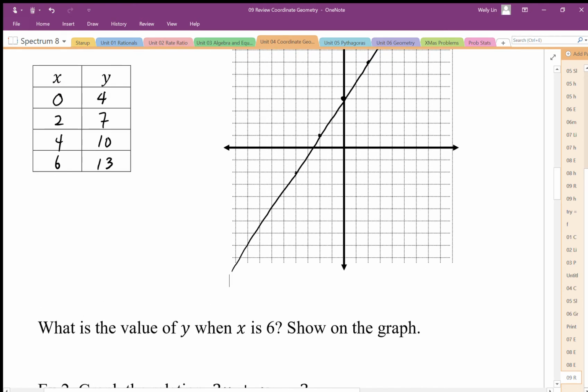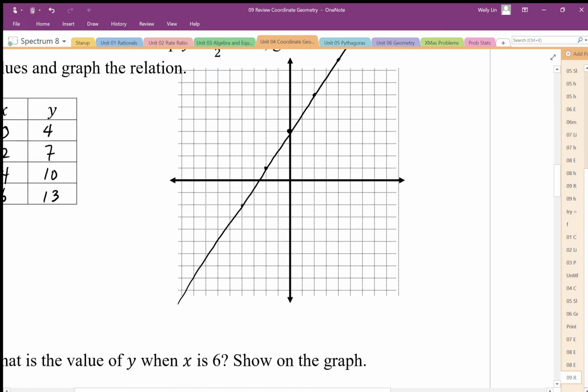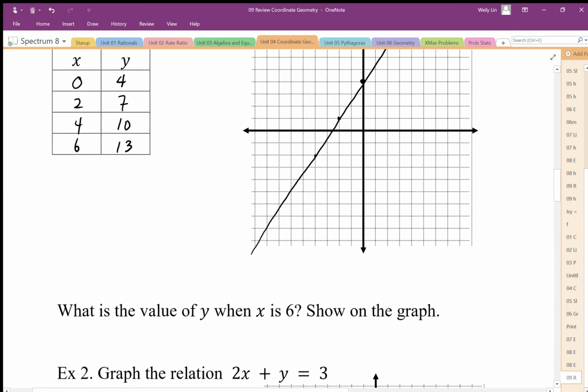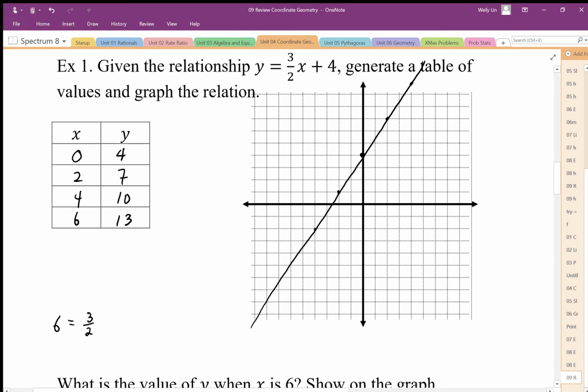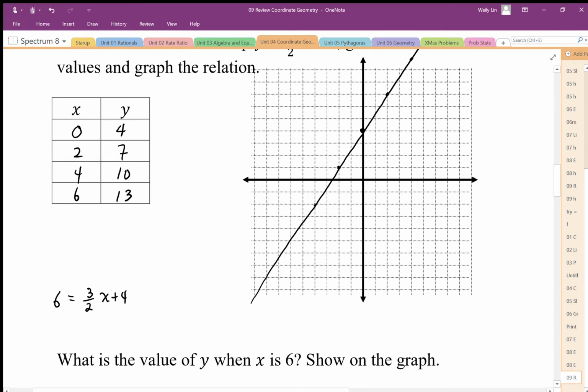So what is the value of y when x is 6? Well, I can see it's off my graph. So what I'm going to do is just plug it in, because if I have a coordinate, I know it has to fit into my equation. So y equals 3 over 2 x plus 4. I can actually solve for x. So I end up with 2 equals 3 over 2 x.